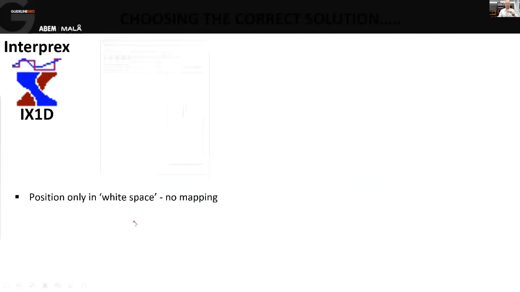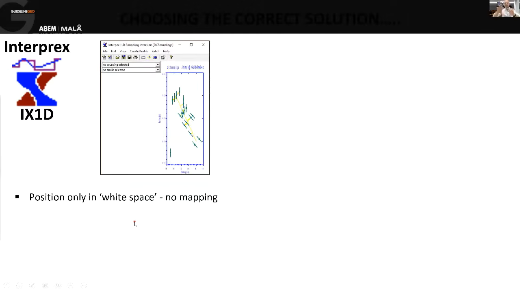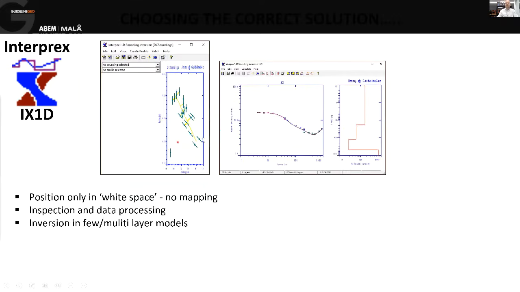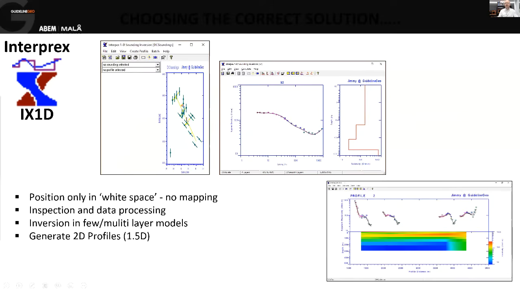So in Interprex, we get to see our soundings in relation to each other. So we get to see a top-down view of where they're all positioned, but it's just in white space. However, we can edit our data, we can invert our data, we can change the model. So everything that we would expect from inversion software. It also allows us to draw a line through our sounding locations and generate a 2D profile.